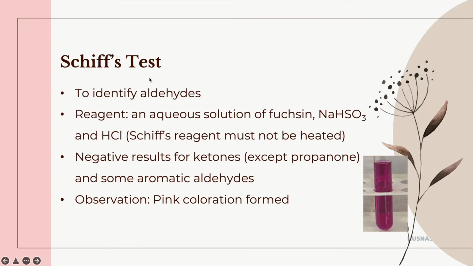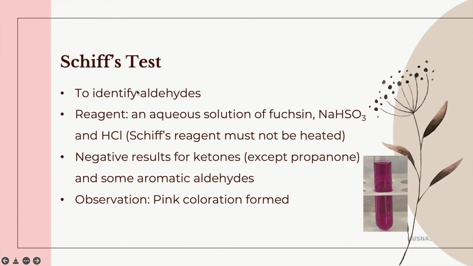Next is Schiff's test. This one is to identify aldehyde. The reagent is an aqueous solution of fuchsine and NaHSO3 and HCl. This is fuchsine, the solution of NaHSO3 and HCl, which we call Schiff reagent. This reagent must not be heated. If you want to do the Schiff test, don't heat the NaHSO3 and HCl.